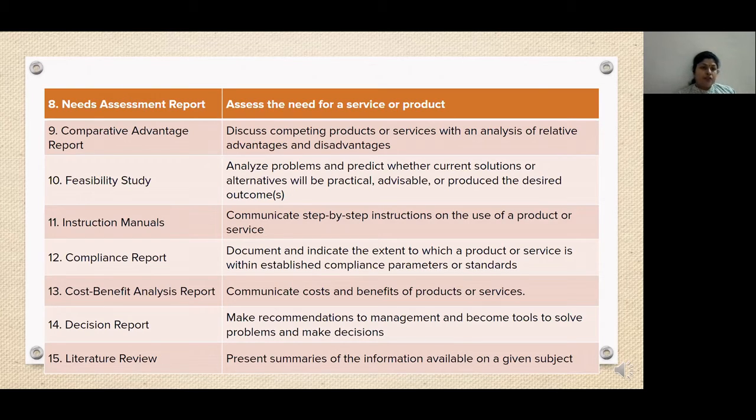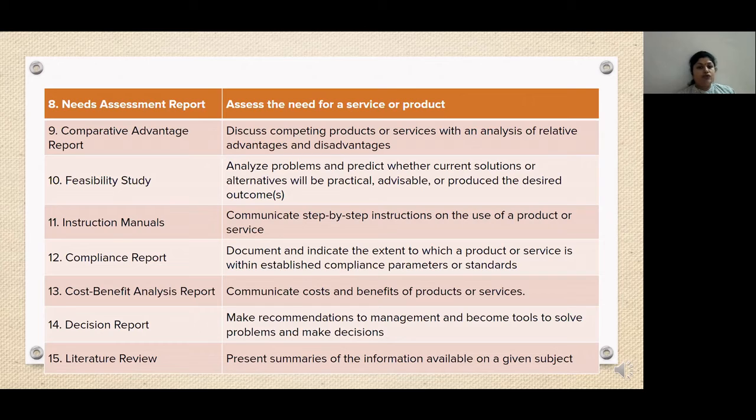Now we have the cost benefit analysis report. It communicates the cost and benefits of products and services. So in cost benefit analysis, what are we doing? We are analyzing the benefit from the cost which we have put into a particular project, and there is a written report which shows the analysis.